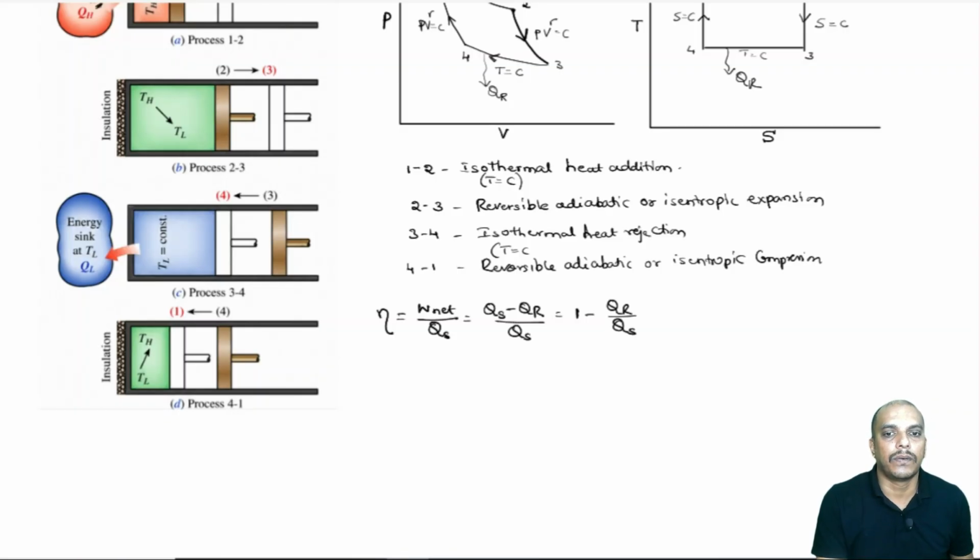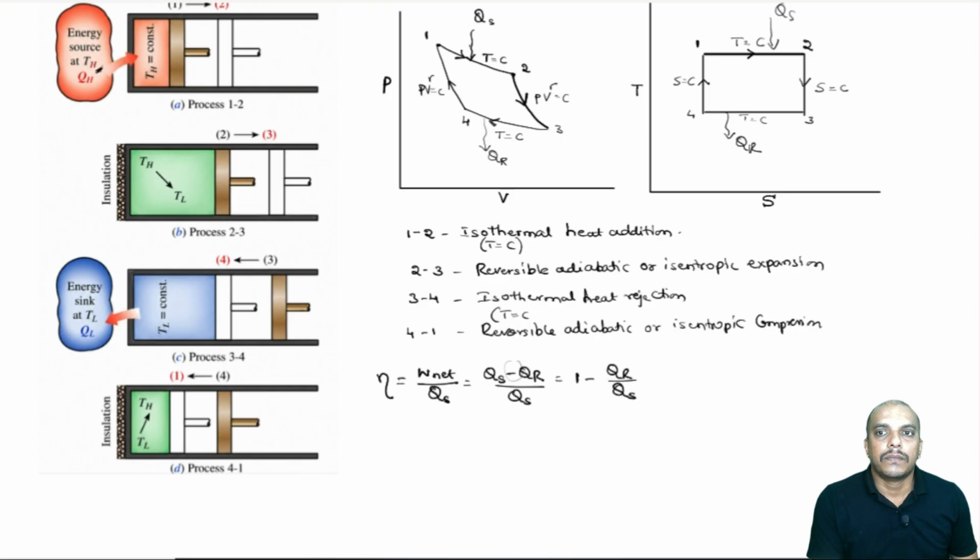Okay. Now, this equation can be simplified. Now, remember process 3 to 4 is where we are talking about heat rejection, right. Now, what will be Q 3 to 4?